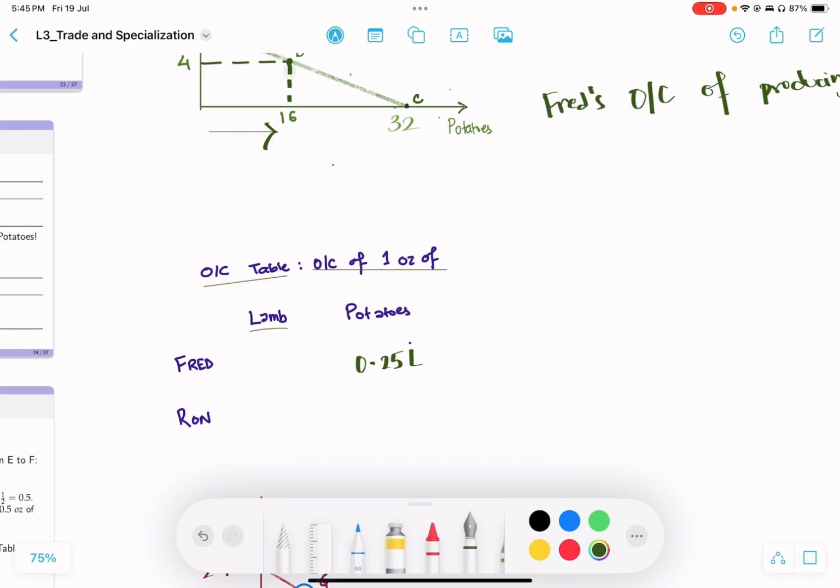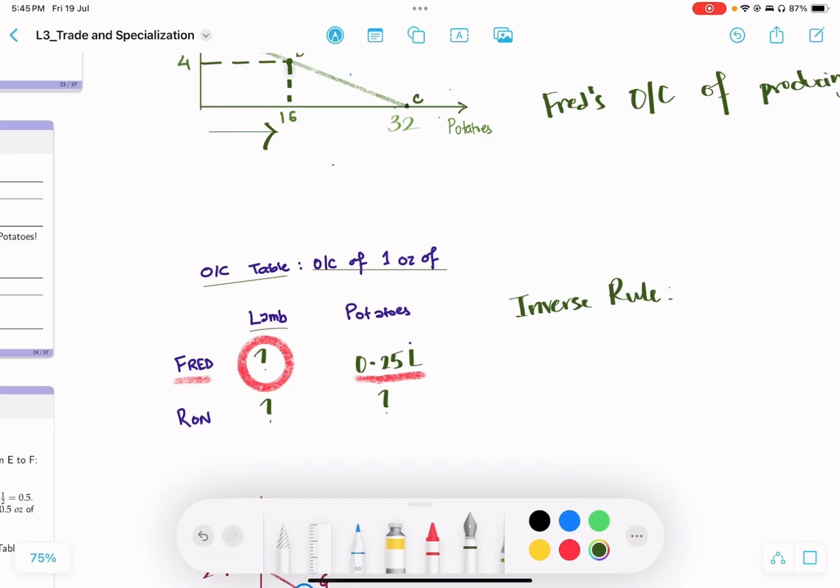All right. So now what's left? I don't have the information for the rest of the table, but now I'm going to teach you a shortcut. Because for Fred, I have found how many lamb he has to give up to produce 1 potato. I'm going to teach you a shortcut of how to find this. Okay? And to do that, we're going to use something that I call the inverse rule or the inverse method.